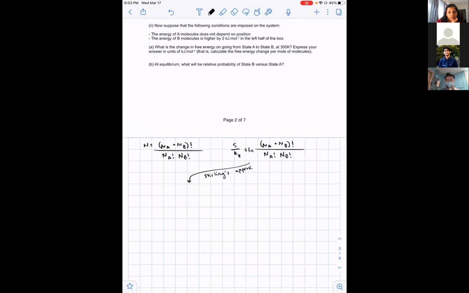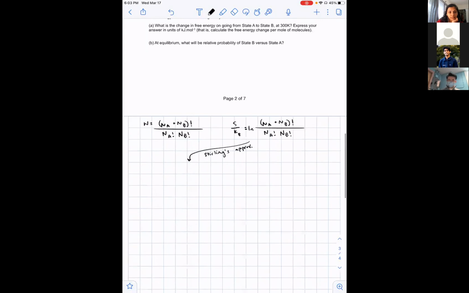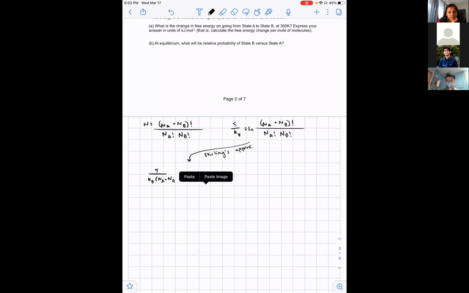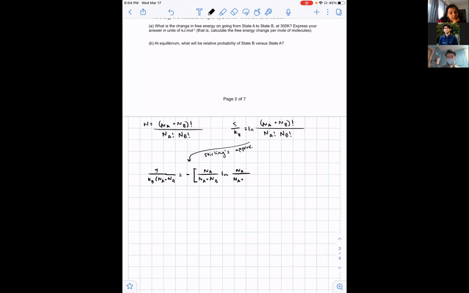If you just churn out the math, eventually you'll end up with something that looks like this: S over KB, N_A plus B, is equal to negative N_A over N, minus this exact term but for N_B.